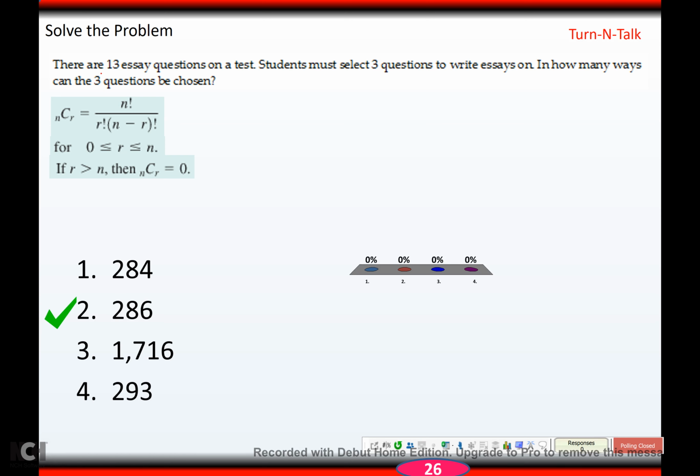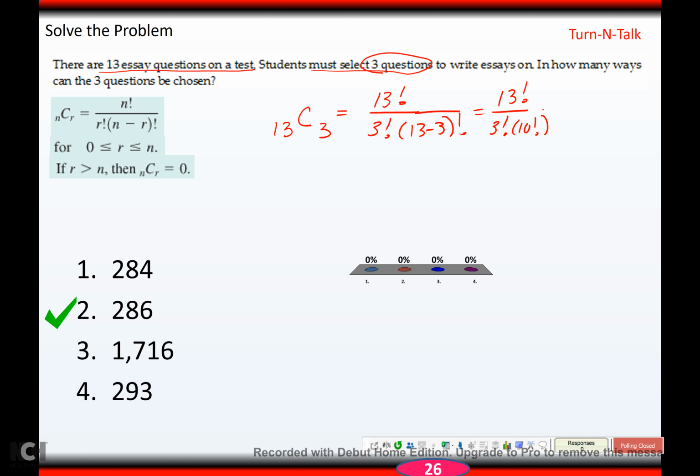Alright, there are 13 essay questions that kids can select 3 from. So you have 13 total questions, and you're taking 3 of those. It doesn't matter what 3, it doesn't matter what order, so it's a combination, not a permutation. And that is going to be 13 factorial over 3 factorial times 13 minus 3 factorial, which is going to be 13 factorial over 3 factorial times 10 factorial.